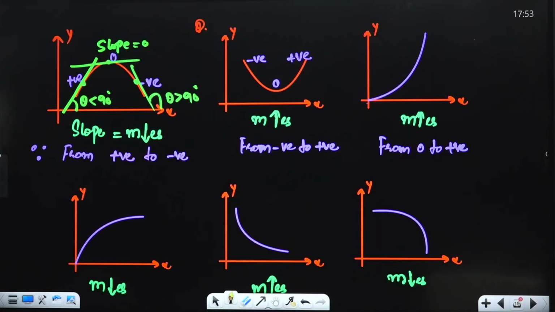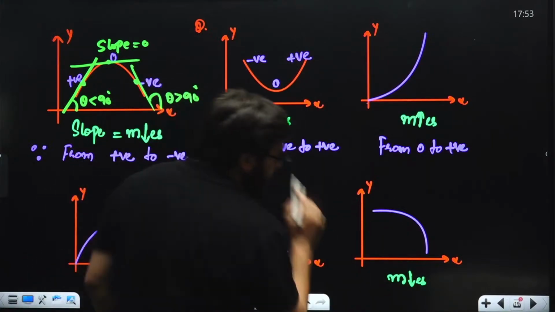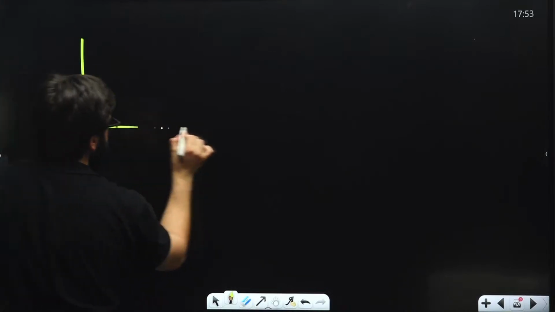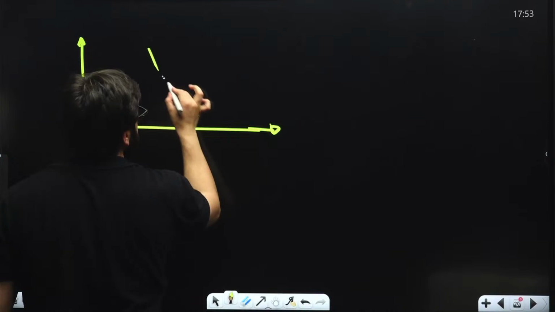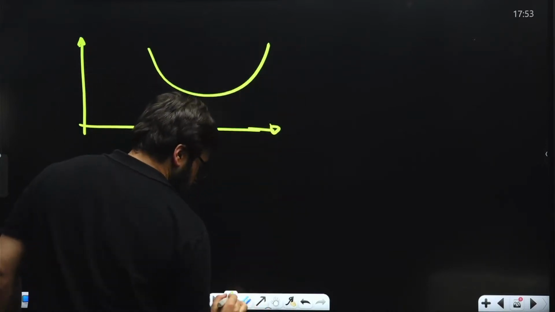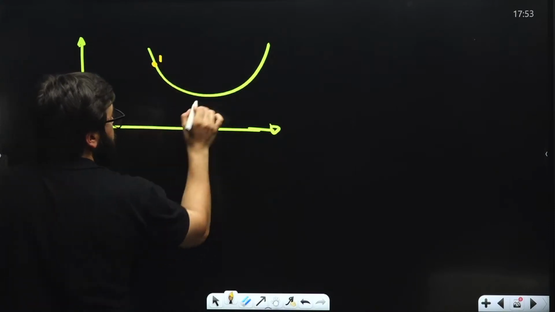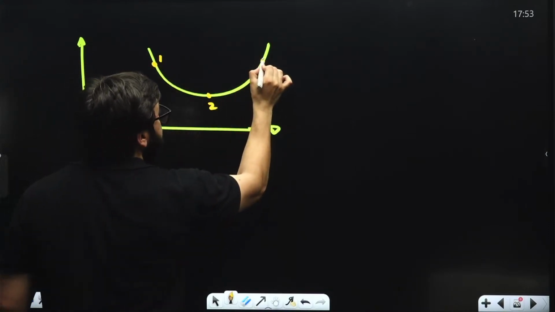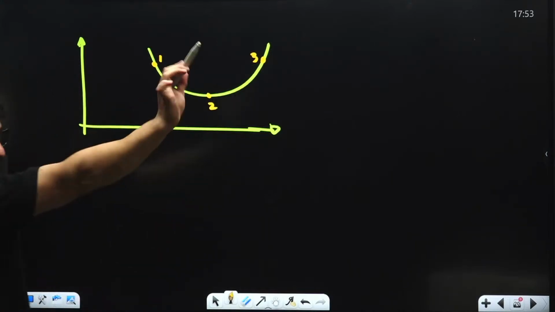Next question. Let me make this particular question over here. Now, can you tell me if I am taking 3 points? This is the point 1, this is the point 2, and this is the point 3. What is happening with the slope over here? Guys, see.